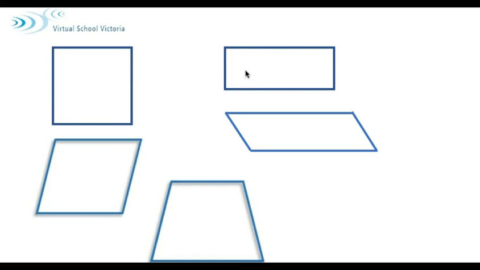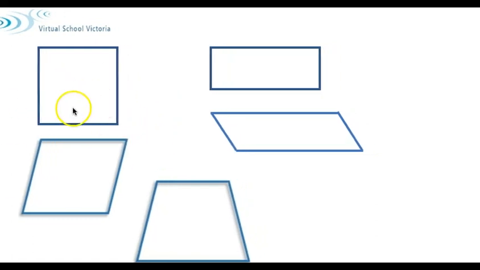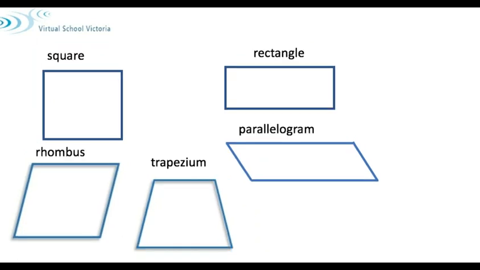Sometimes they're called quadrangles. There are regular shapes and also there are some irregular shapes as well. These shapes have special names. To describe a square, it is 4 equal sides and 4 equal corners.